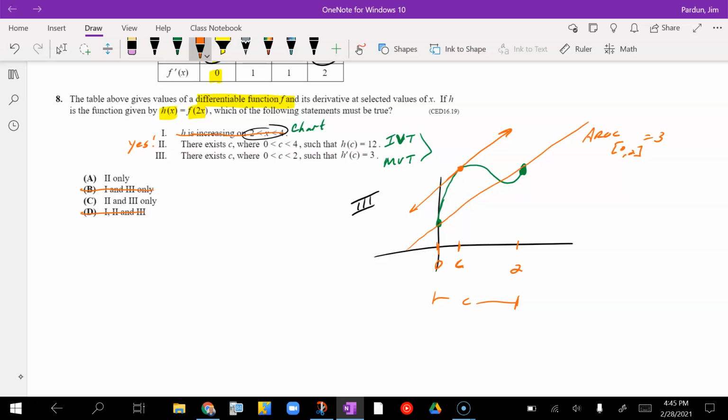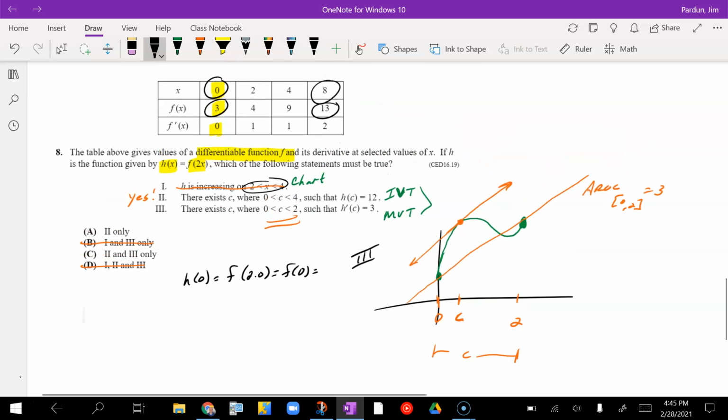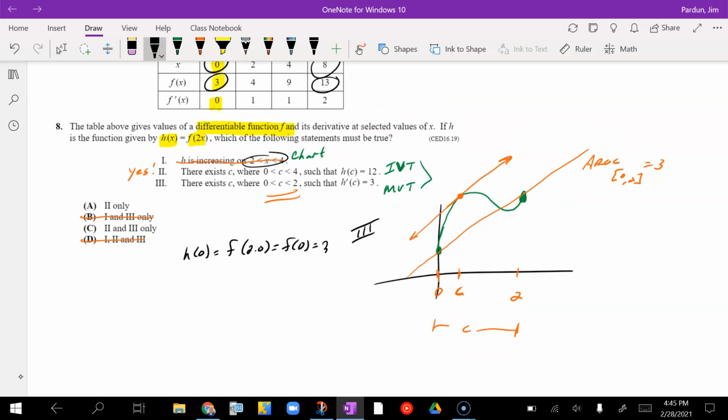So I have to show that the average rate of change of h between 0 and 2 is equal to 3. So let's find h of 0. H of 0 is going to be f of 2 times 0, which is f of 0, and f of 0, according to my chart, is equal to 3.